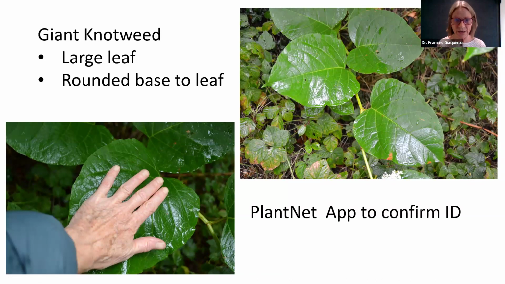So if you think you might have a knotweed, either Japanese or one of the others, use the PlantNet app just to check, and it'll give you a good idea. It'll also protect you from doing something really embarrassing, which a lot of people do, for instance, mistaking bindweed for Japanese knotweed, because there's a vague similarity in the leaf. So the PlantNet app is a very useful one to download.